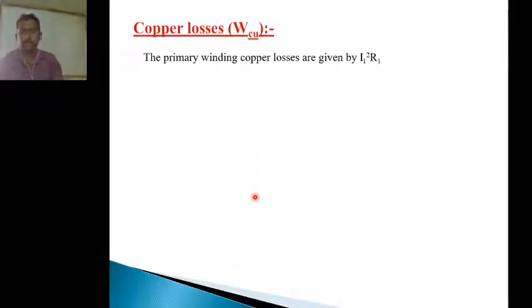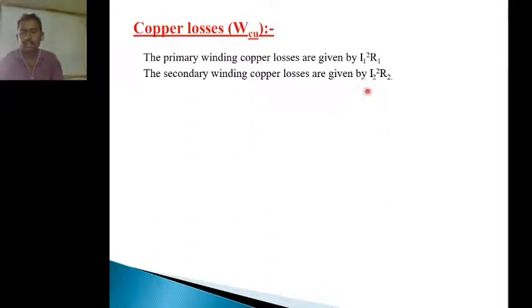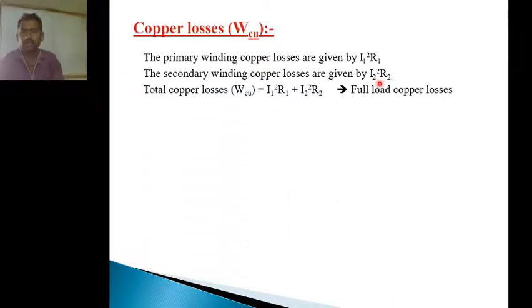Copper losses because of the copper winding present on the primary side and on the secondary side. On the primary side, we have the primary copper loss, given as I1 square R1, and on the secondary side, we have the secondary copper loss, given as I2 square R2. So the total copper loss is equal to I1 square R1 plus I2 square R2.